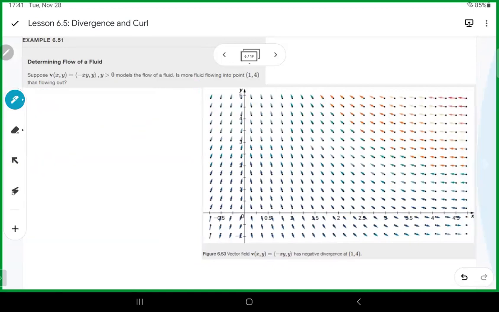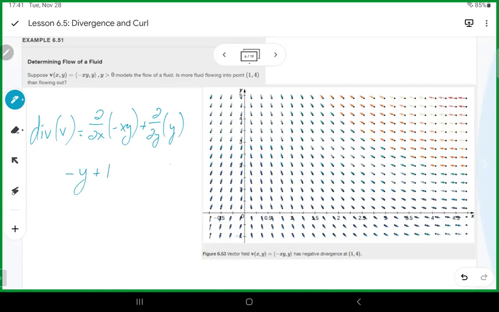All right. So to determine whether fluid is more flowing into than out of, we have to calculate the divergence of V at 1,4. So we're going to get negative y plus 1.